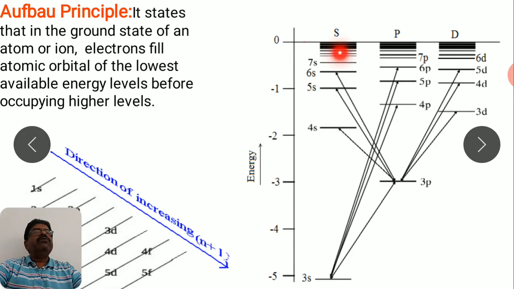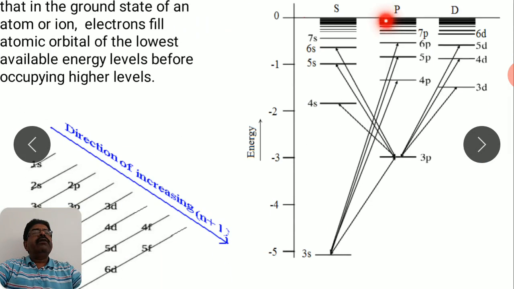And you can see now the S, P, D labels. These actually represent the terms, not orbitals: S terms, P terms, D terms, and these are the respective orbitals. For example, the ground state, the lowest state, is of the 3s electron, therefore it is the 3s level.